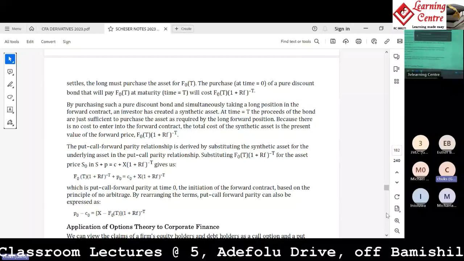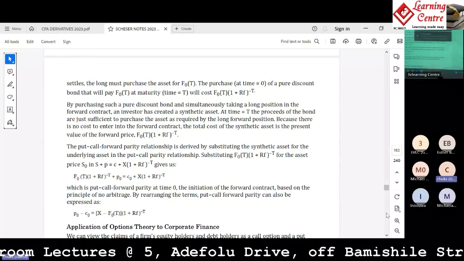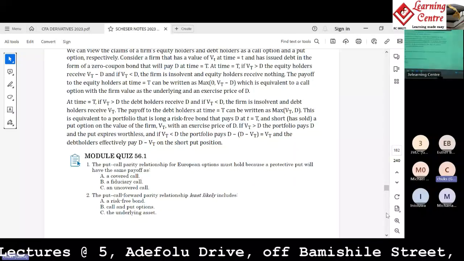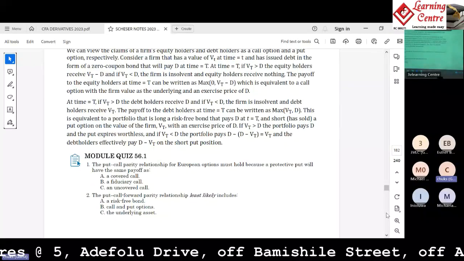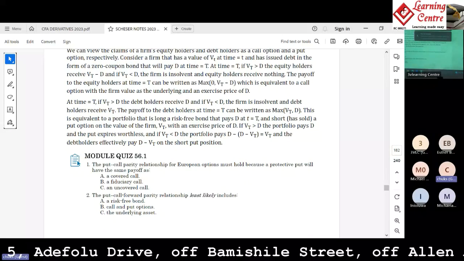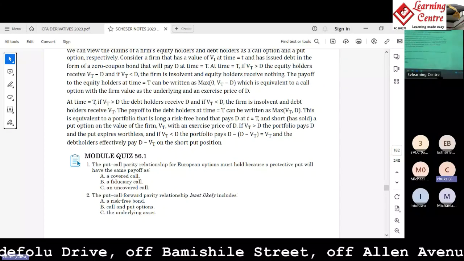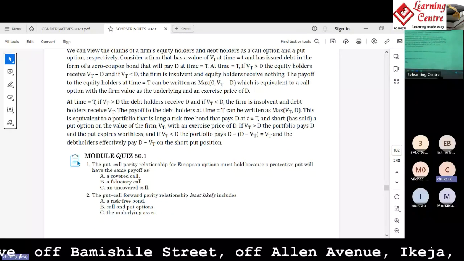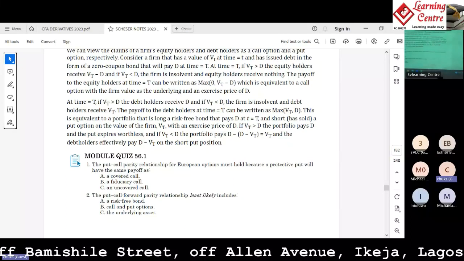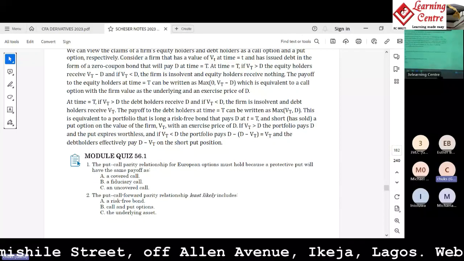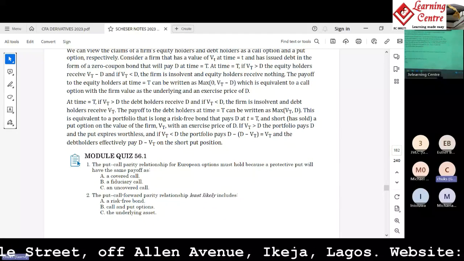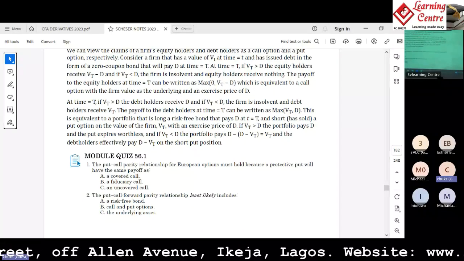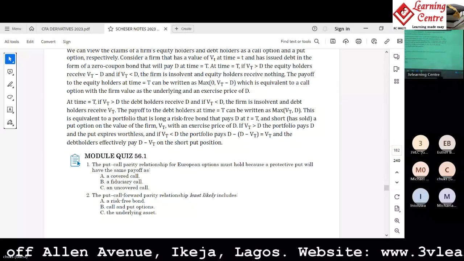Every other thing is just giving examples of how they have reshaped the formula. If it is put you want, you put it in the formula; if it is call you want, you make it the subject of the formula. I'm sure you still do that in quantitative methods or something like that.